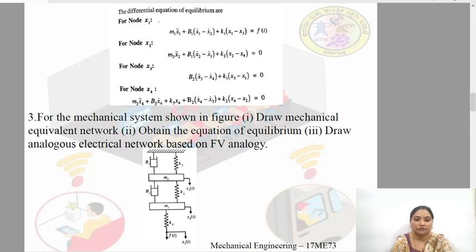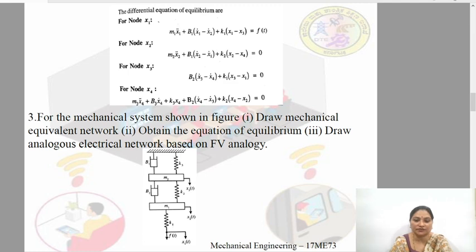Here the mechanical system is shown below, wherein it consists of masses m1 and m2. Here masses m1 and m2 are under the displacements x2 and x3. Mass m1 is attached to mass m2 by means of b2 and k2.